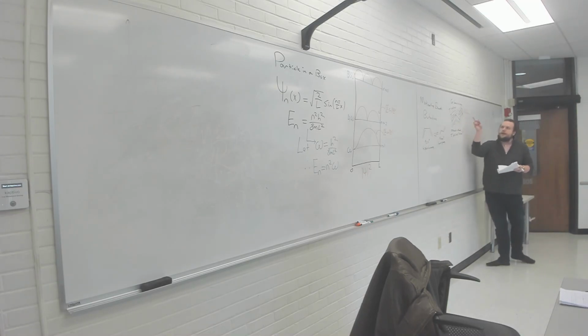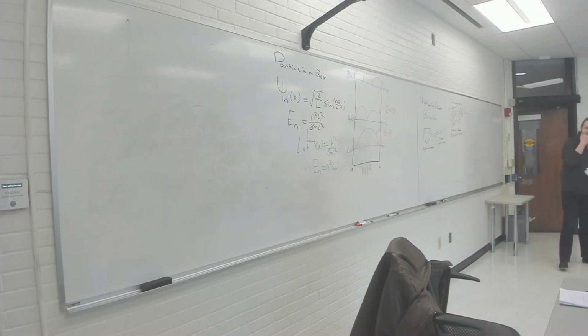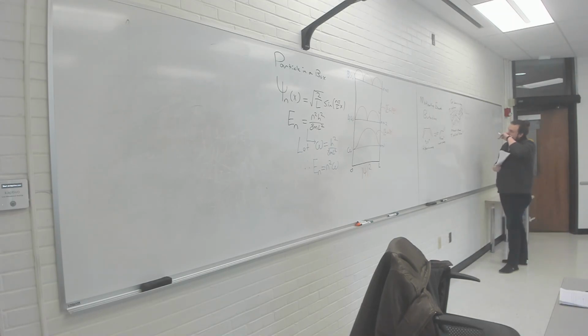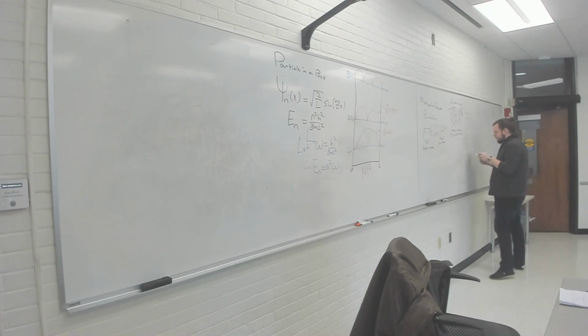So what do the wave functions look like at the energy levels of this pi system? Let me think about this for a second. In these pi systems, you end up getting four wave functions.